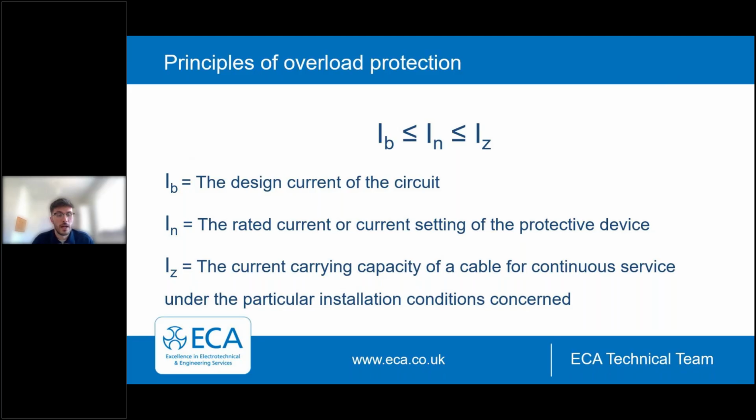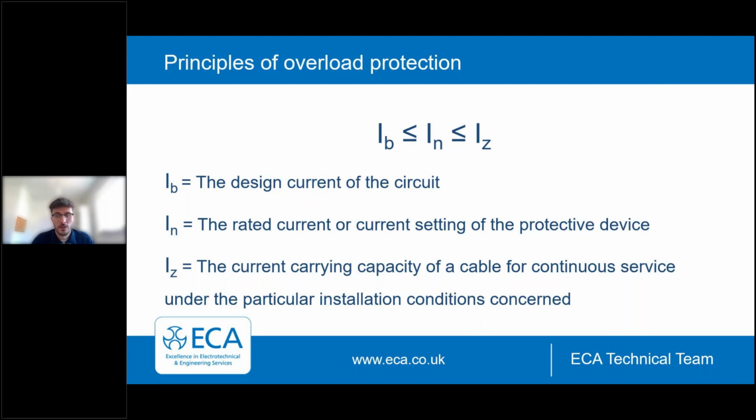So breaking that down into two sections then. We firstly look at IB, which is the design current of the circuit, which of course is the current to be carried by the circuit within its normal operation. It should be less than or equal to IN, which is the rated current or current setting of the protective device. So hopefully pretty straightforward, and I'm assuming this is probably a recap for most.